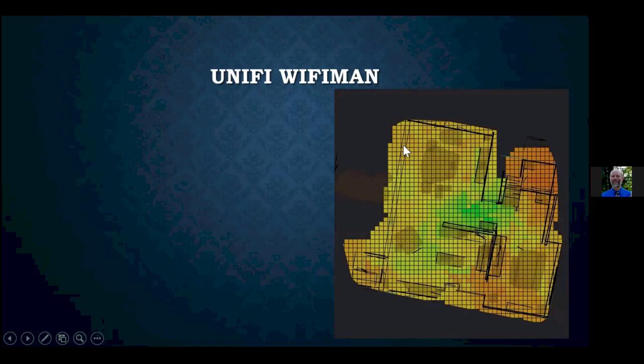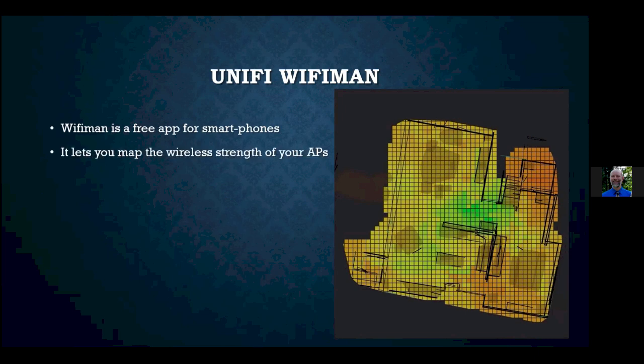You can walk around your house and it will build a picture of the Wi-Fi strength in your area, and that will help you determine the quality of signal in places and find if there are dead zones in your place. It's a very good tool.